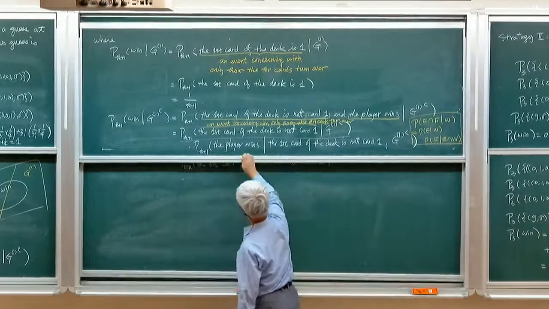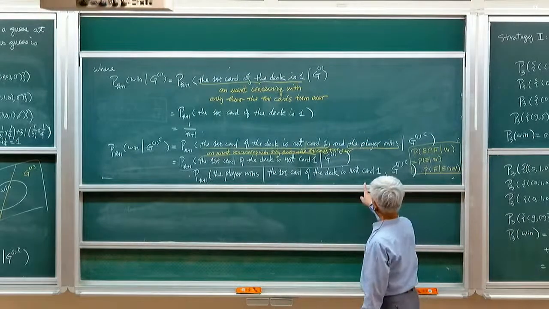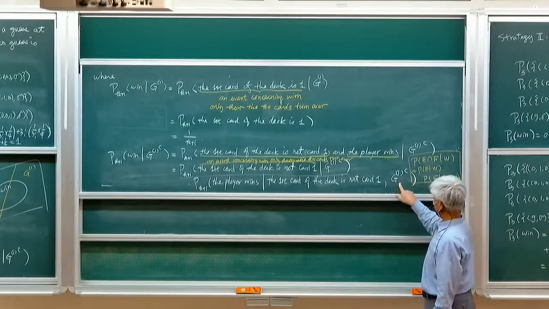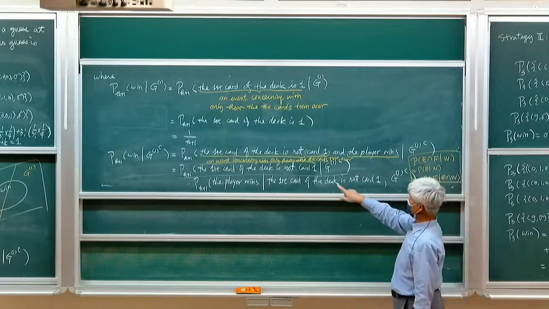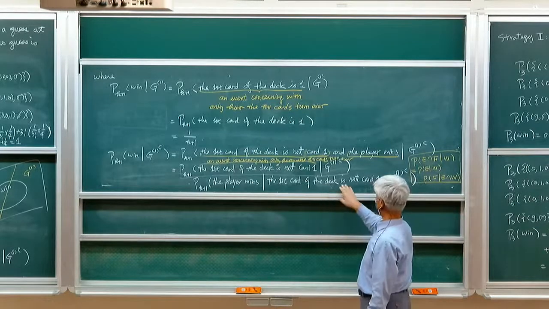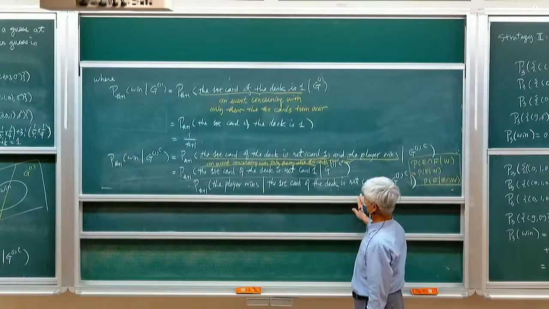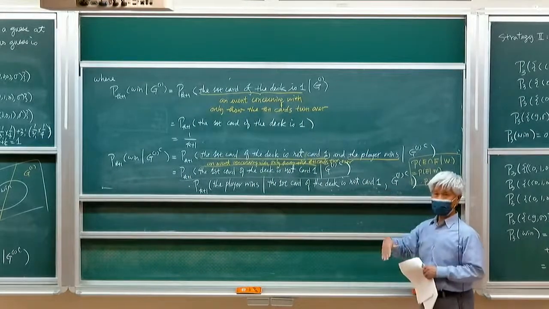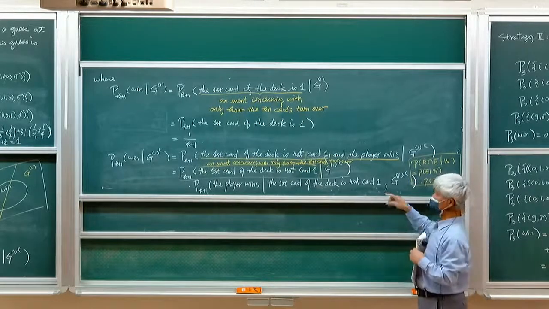Now, how about this conditional probability? This conditional probability is that the player does not make any guess the first time, and we know the first card turned over is not card 1. It's other cards, so card 1 will be in the remaining k cards, because the first card is not card 1 and we have k plus 1 cards.